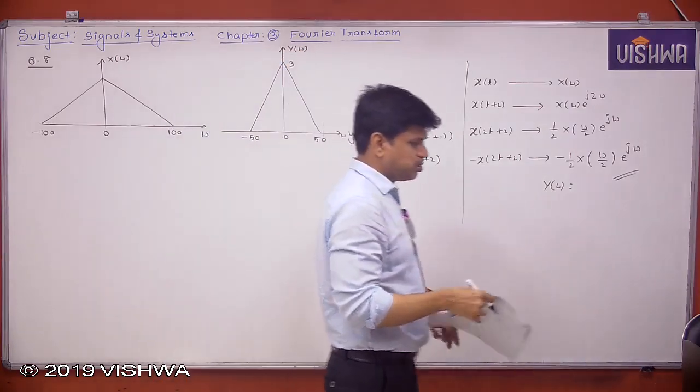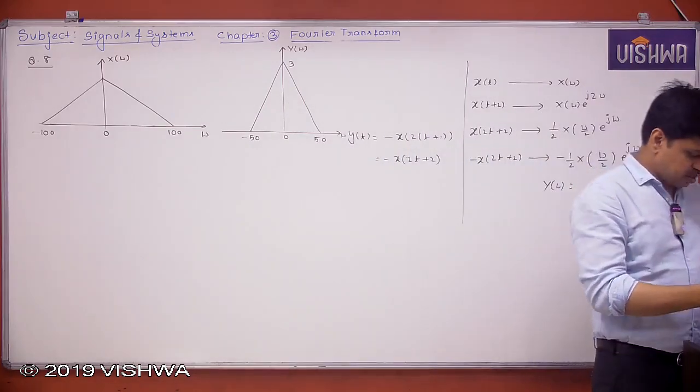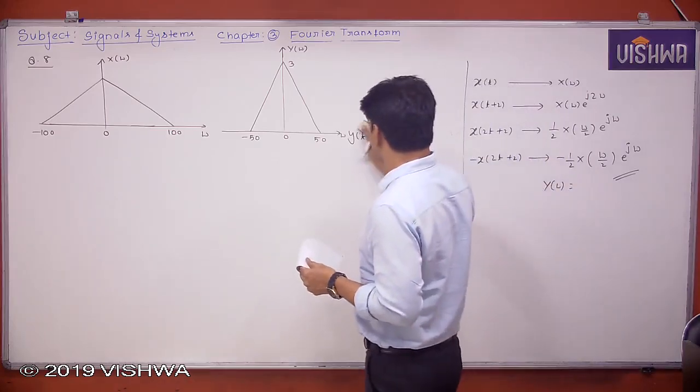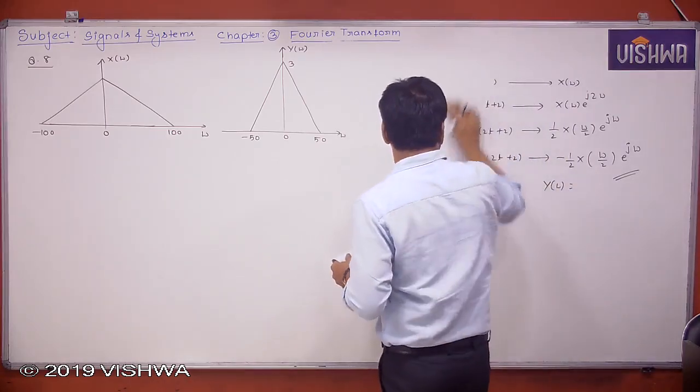Then they have given what is the relation between y of t and x of t. So we have to choose one of the options.